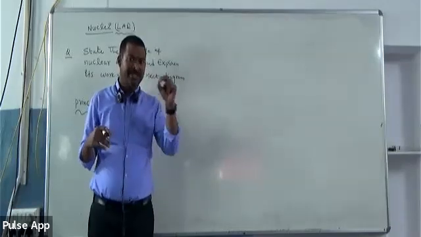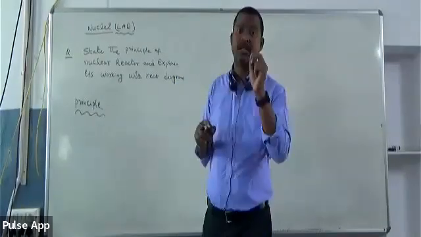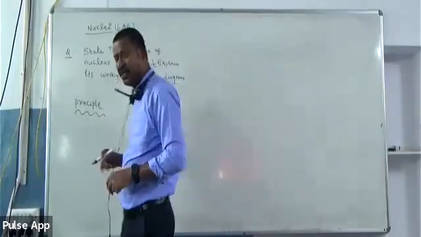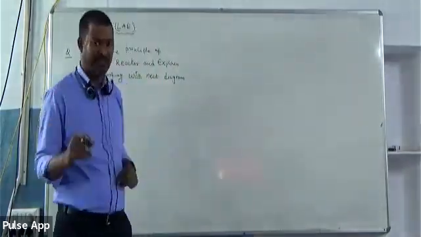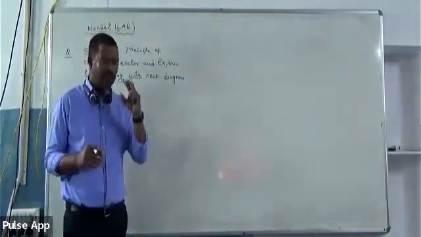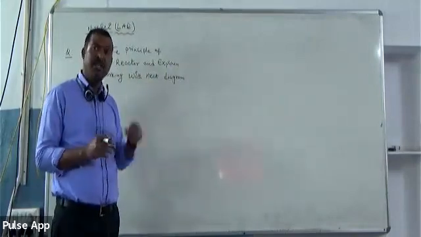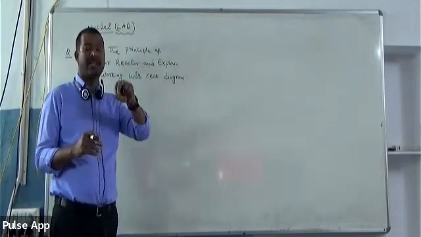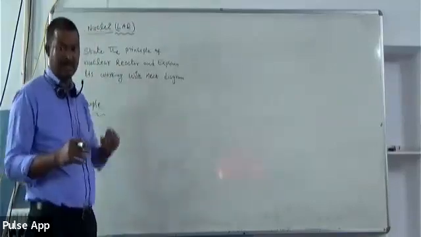That is an uncontrolled chain reaction. But for a nuclear reactor, we need a constant rate of energy from the fission reaction. That means we need to control the chain reaction.